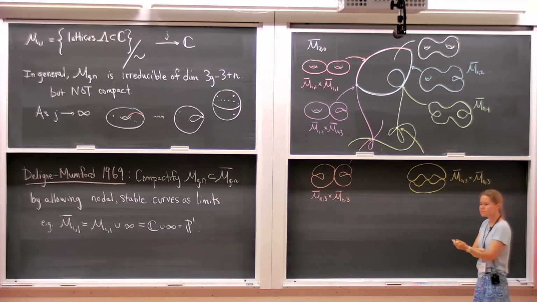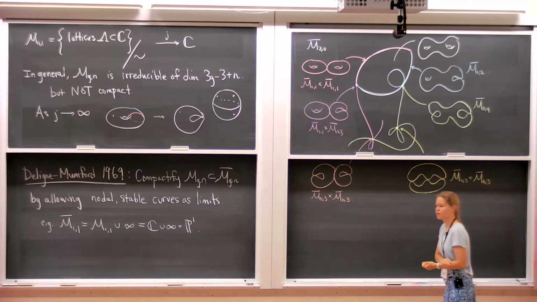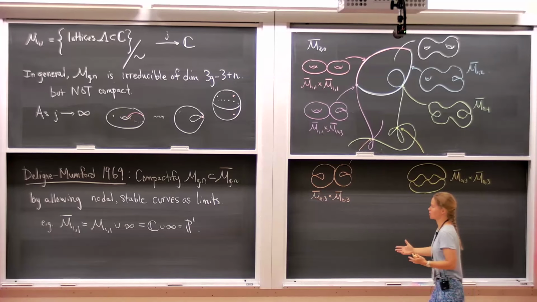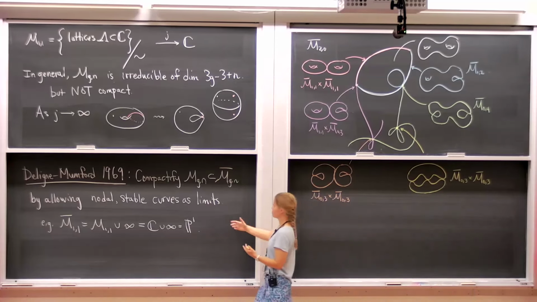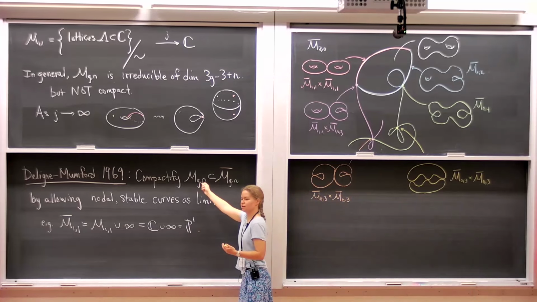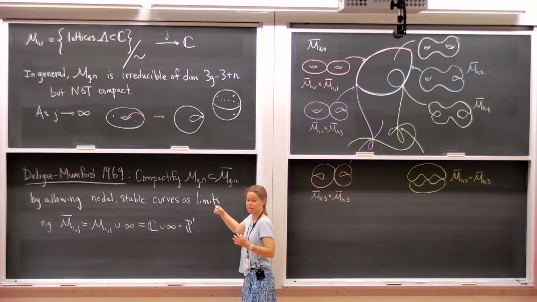Mm-hmm. The open part, is it a rational variety? For genus 2, it is. And that's actually a very interesting open question: for which G and N is this rational or not? And that's something that people have been making a lot of progress on. Right, it's open.